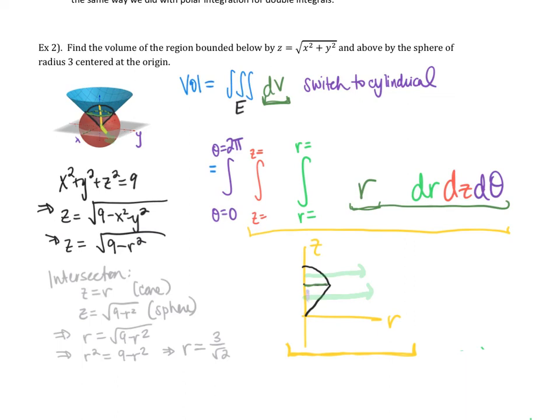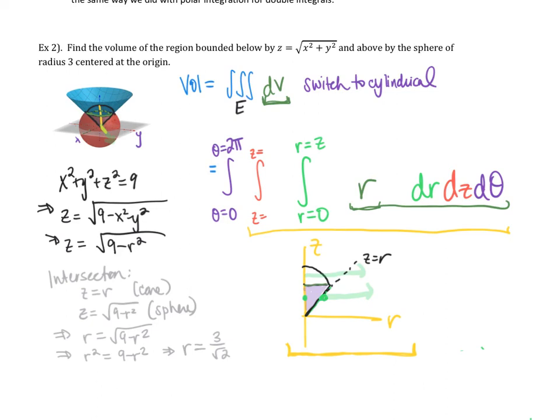So if I shoot down here, let's start with that first piece. It's entering when r is 0, and it's exiting along this line here, and that's the line z equals r, because that's coming from the cone. So that's going to be my upper bound, r equals z, because that's where it's exiting.